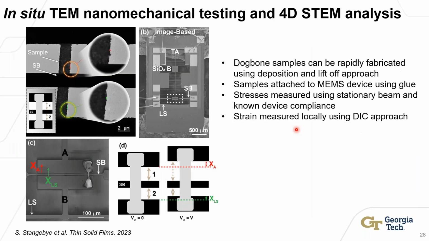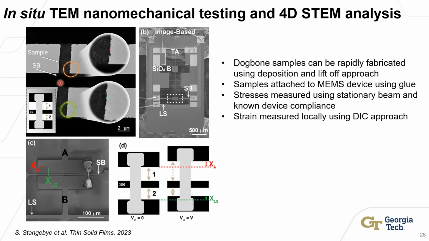I'm not going to go too much into detail into these MEMS devices. This is really the work of my collaborator, Professor Perron at Georgia Tech, but we have a number of publications that you can reference to see the details of how they work. Essentially, here you have just an overview of the MEMS device. These MEMS devices integrate with a biasing holder, an in-situ TEM biasing holder, that allows you to control this thermal actuator that when it heats up, applies a load or a displacement here where your sample is mounted.